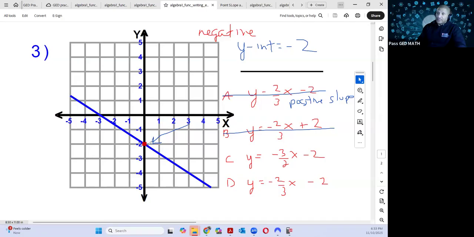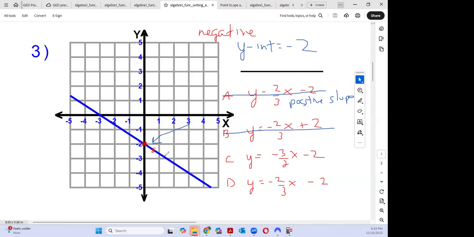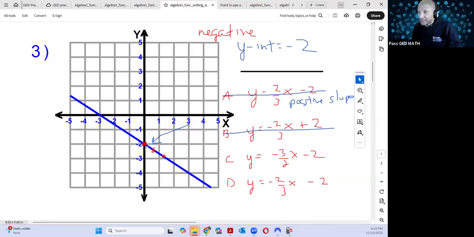Now, I'm going to go down this line. Hold on, let me change the color to red. Let me ask you a question. Is this a point on the line? Yes. Is this a point on the line? Yes. But I can't identify the slope with those points because I don't know what this point is. So I've got to go down this line until I come to a point where I can identify the integer as a whole number.